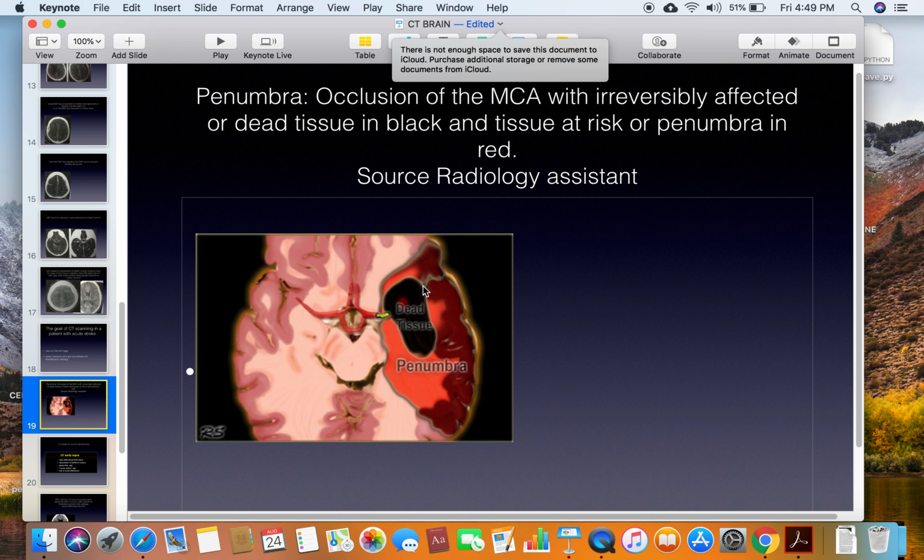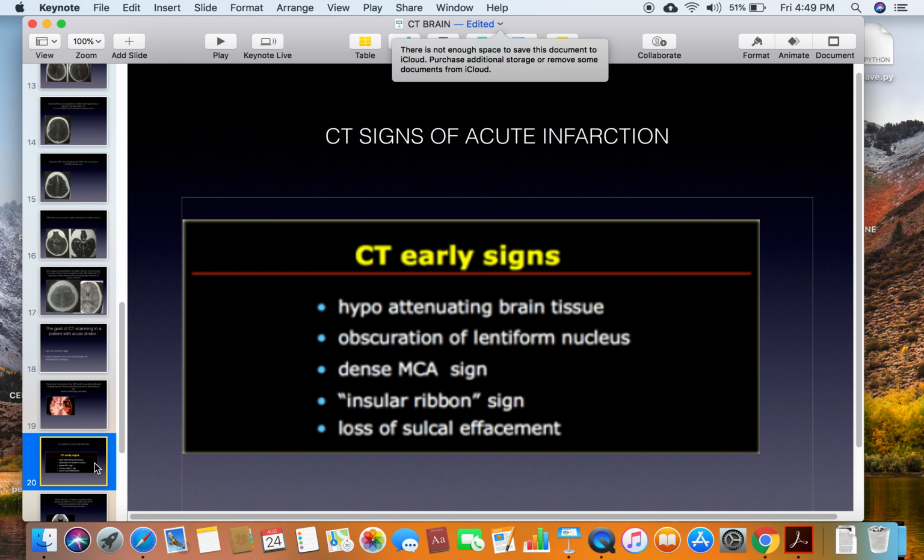So this is all dead tissue, the black tissue. Around that is the area which is called penumbra, which is the tissue at risk. By giving thrombolytic agents, we hope to open up this artery and perhaps save this area, which is the penumbra. If the person comes within the stipulated time of 4.5 hours, we can salvage most of the brain which is at risk.